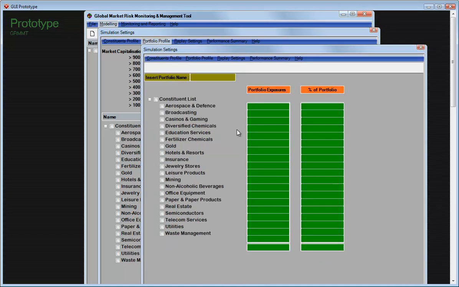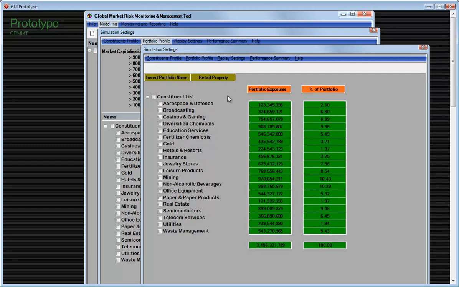Then what we do is we take that portfolio. In this case we might be looking at, say, a residential portfolio, retail property, and understanding the servicing side of the analysis, looking at where the capacity to pay is coming from and what that industry exposure is to that portfolio, and as time goes on, what the potential implications are for some industries.